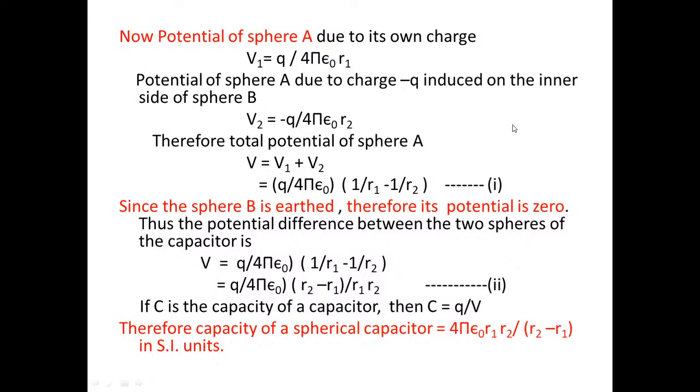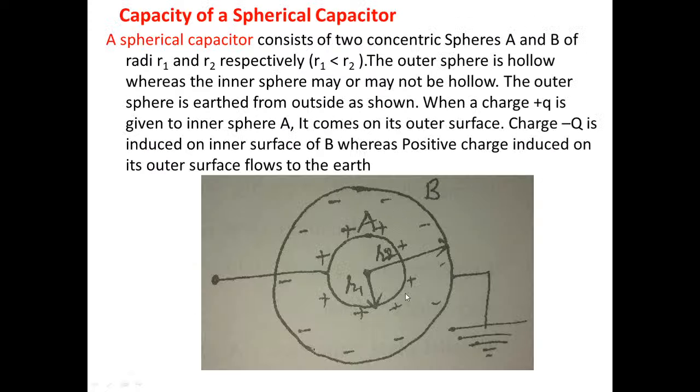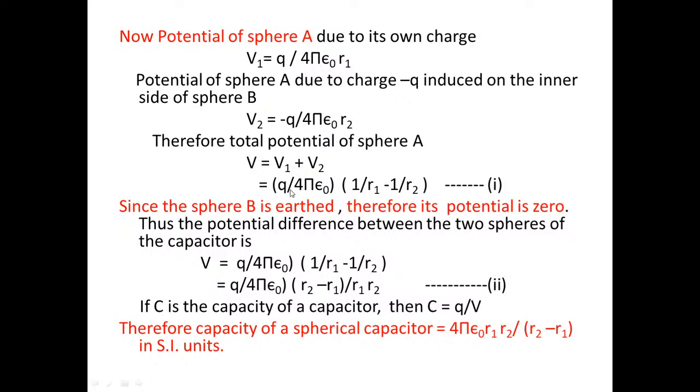Therefore, total potential of sphere A will be V1 plus V2, equal to Q upon 4 pi epsilon naught into 1 upon R1 minus 1 upon R2, because it is having minus sign.